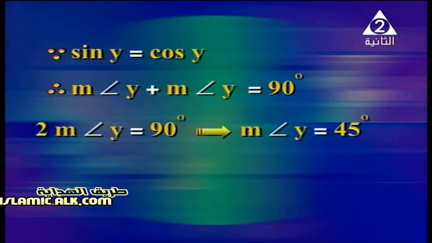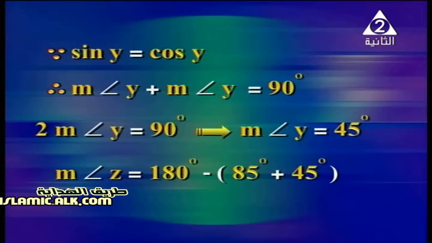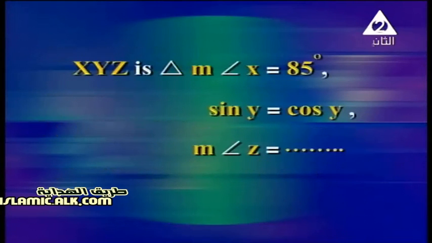Can you now find measure angle z? Of course, yes. It is 180 degrees minus the sum of angles x and y. So it is minus brackets 85 plus 45 to obtain a result as 50 degrees. In this case, we can say that measure angle z equals 50 degrees.